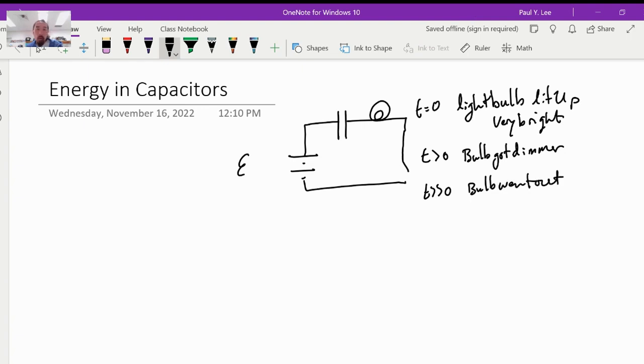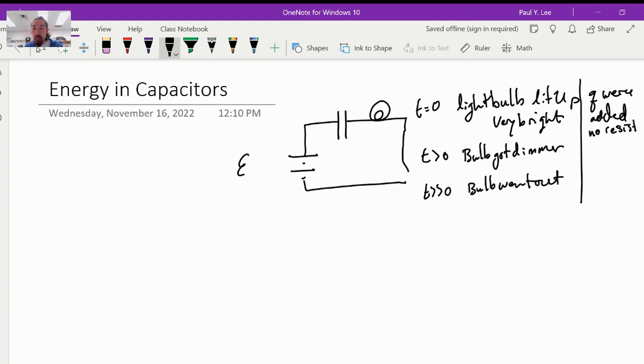All right. The important part about this demo was that as soon as the circuit was complete, there was a flow of charge, and that flow of charge allowed the capacitor to start building up charge. If we were to do a quick note on the side here, we would say charges were added with no resistance.